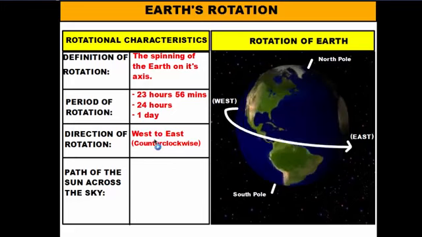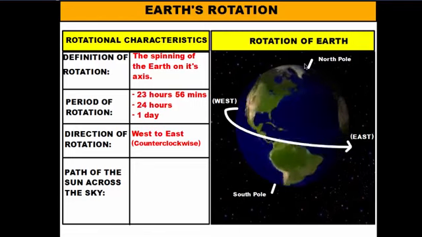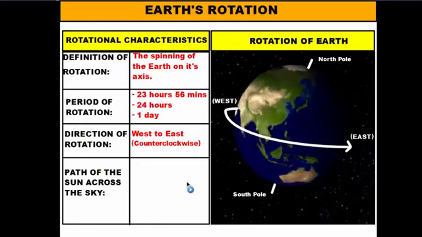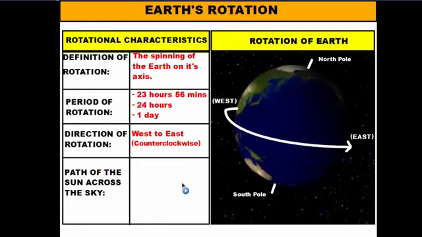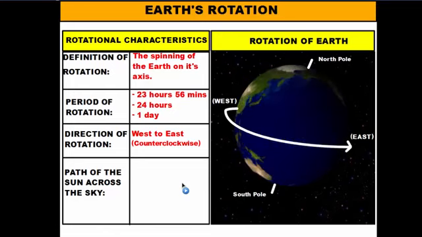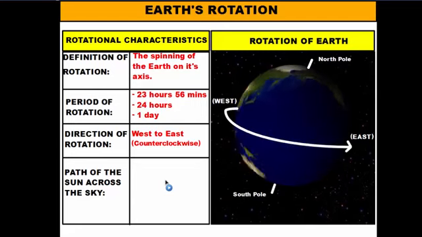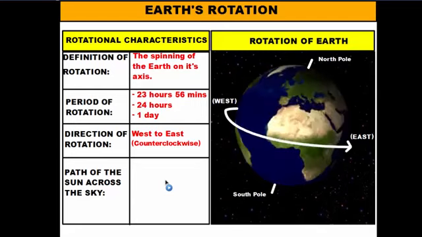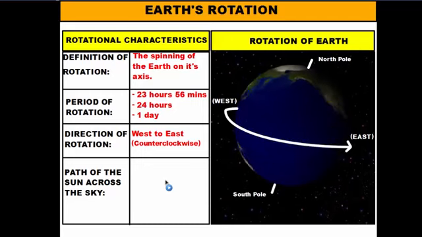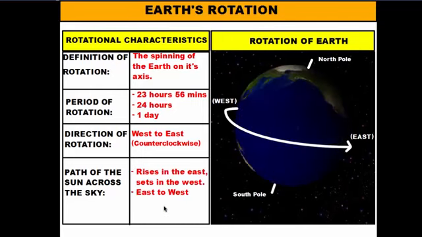And if you take a look at this rotation from above the North Pole, you'll see that it goes in a counterclockwise direction. Now, the rotation of the Earth is going to affect the path of the sun across the sky, and that affects where the sun rises and the sun sets. So because of this counterclockwise west to east rotation, our sun is always going to rise in the east and then set in the west.